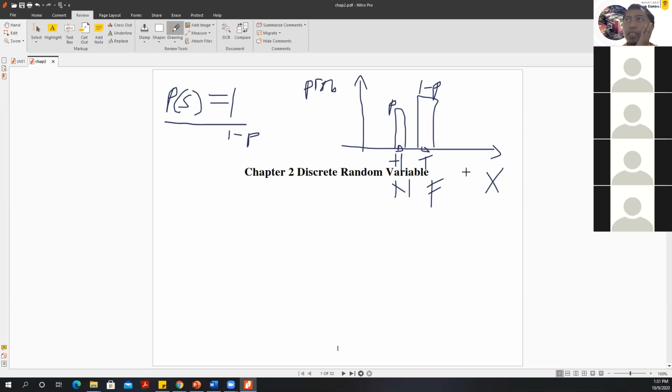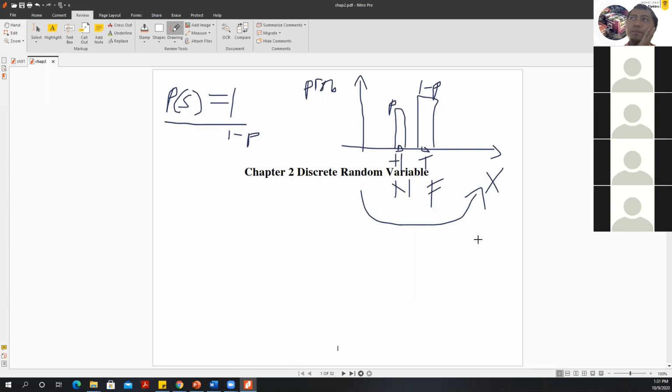And then what is the discrete random variable from this figure? Actually, the random variable is this one, the X. In a set, we can say the sample space, but in probability, we say random variable.